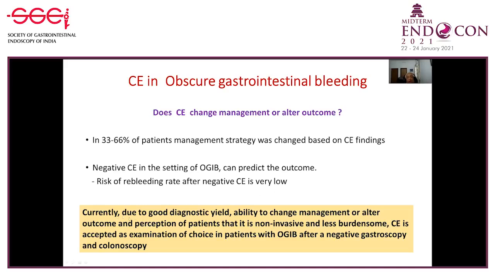So currently, due to the good diagnostic yield of capsule endoscopy, the ability to change management or alter outcome, and the perception of patients that it is non-invasive and less burdensome, most societies recommend capsule endoscopy as the examination of choice when patients present with obscure GI bleed with a negative gastroscopy and colonoscopy.